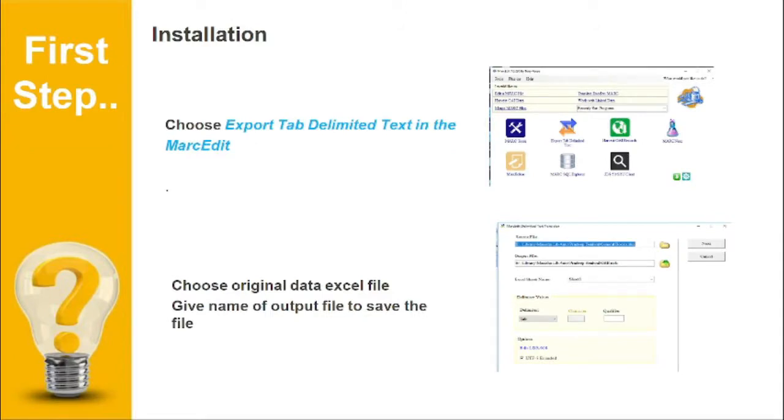For that, we use the MarcEdit software. In MarcEdit, when we open it, we choose the export tab delimited text option. We chose the original data Excel file which was extracted from the legacy system, and we also gave the name of the output file to save the file.